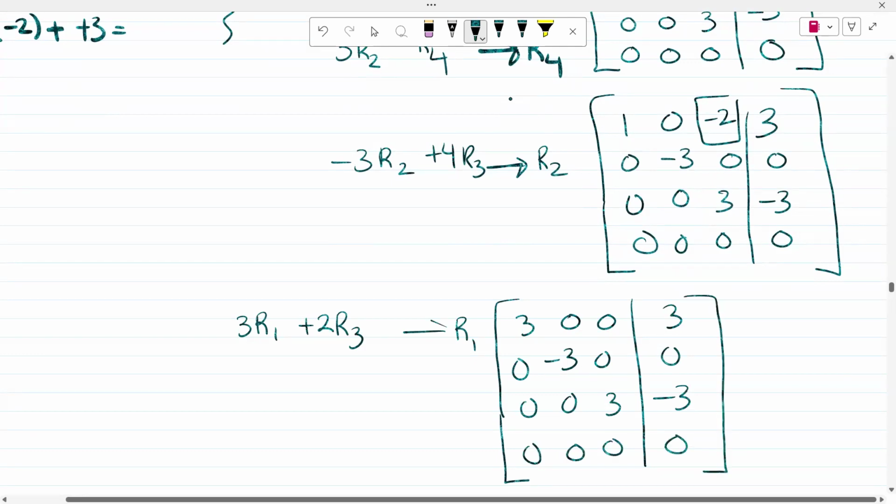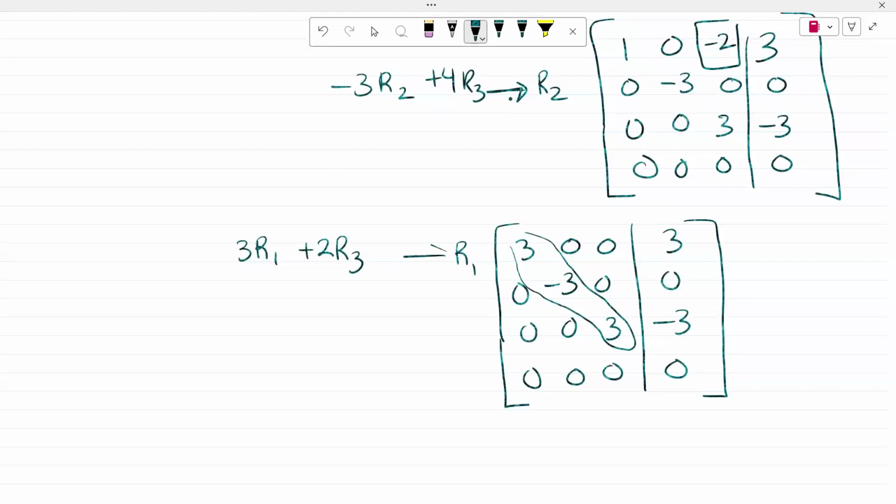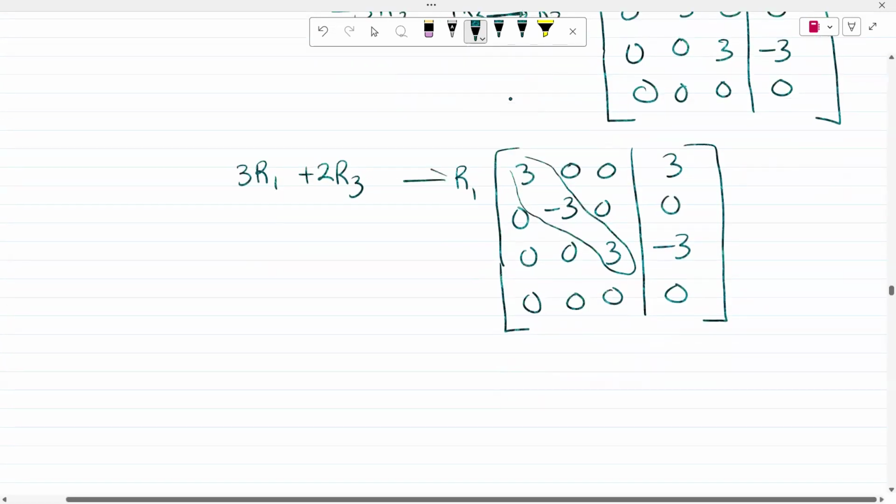Okay. Then what I would do next is, we're almost there. I just got to make my pivots all 1s. So what you could do is multiply by a scalar, and when you're multiplying by a scalar, you could do it on more than 1 row at a time. So with row operations, you can only do 1 row operation, but with scalars, you can multiply more than once.